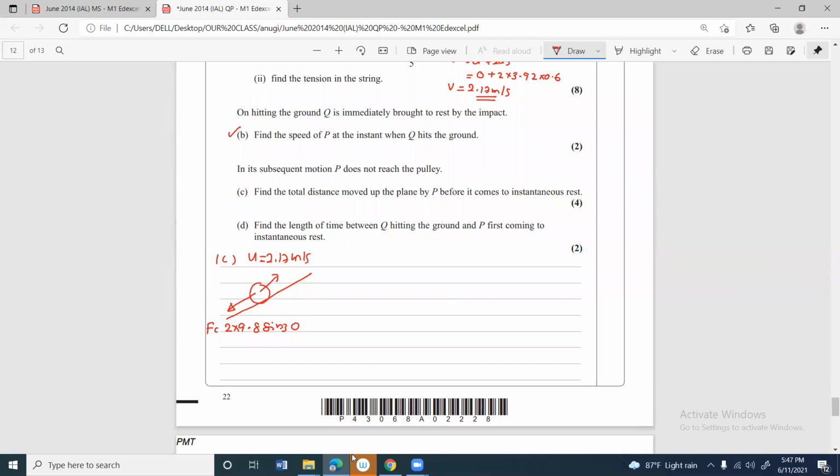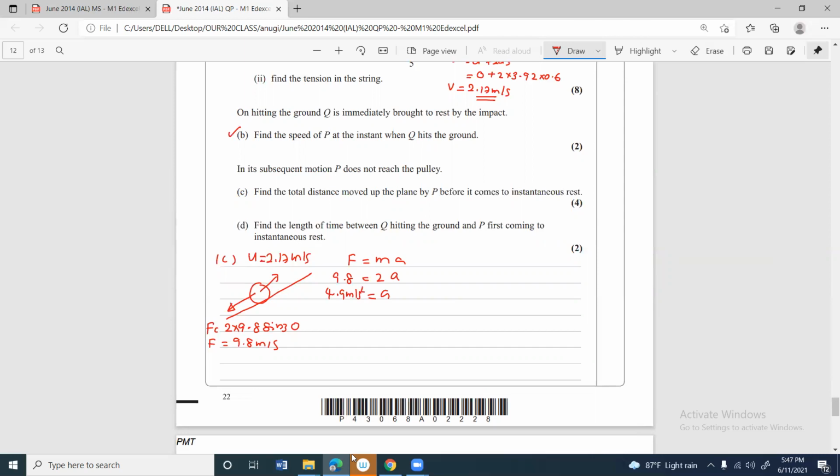So 2 into 9.8 sine 30 gives a force of 9.8 newtons. Now it is running under deceleration due to this force, so we can find the deceleration. Force is 9.8, mass is 2. It's actually not acceleration but deceleration, because it's in the opposite direction of the motion.